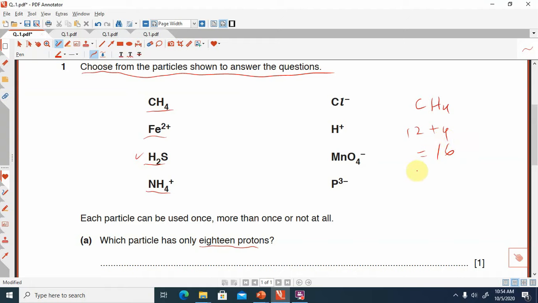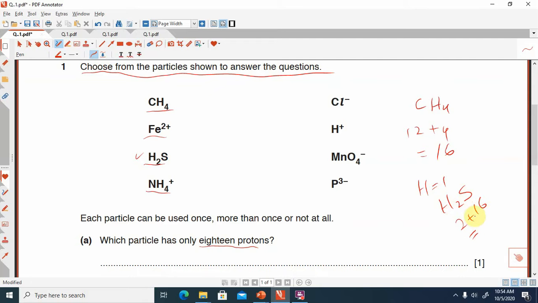The atomic number of hydrogen is 1, but we are taking the example of H2S, so hydrogen has 2 and sulfur has 16 as atomic number.